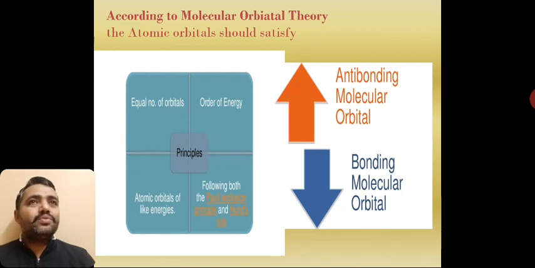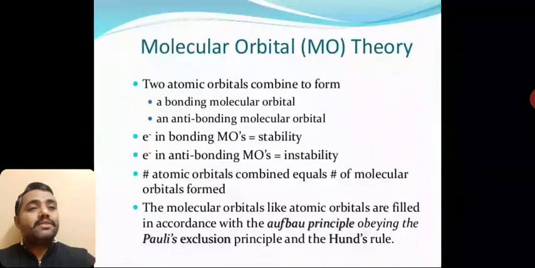Along with the Aufbau principle, these three principles you can read, understand, and apply to some examples. Note that the bonding molecular orbital is positioned at lower energy and the antibonding molecular orbital at higher energy. Note the arrows above and below: above is the antibonding molecular orbital, below is the bonding molecular orbital.